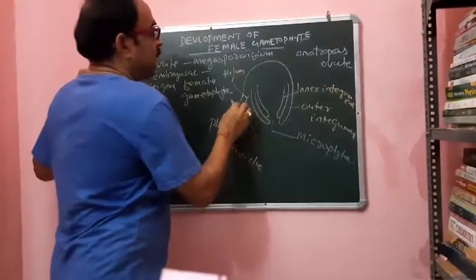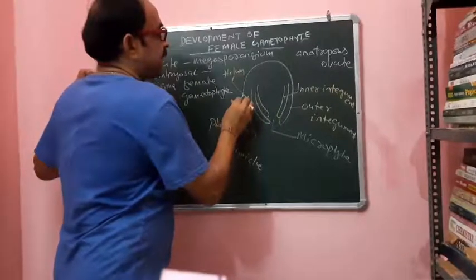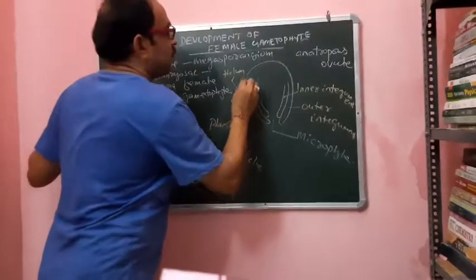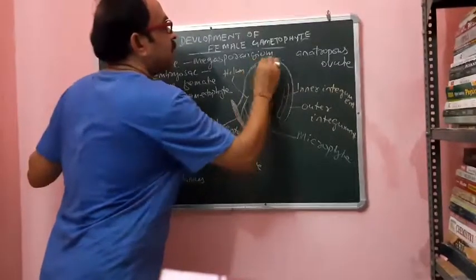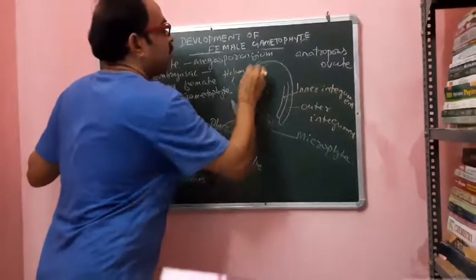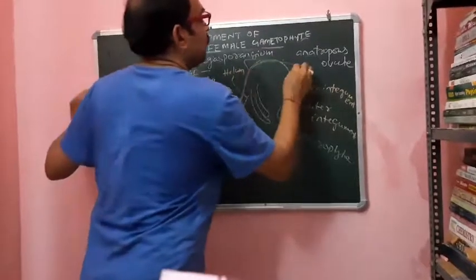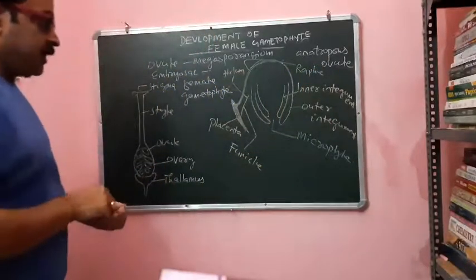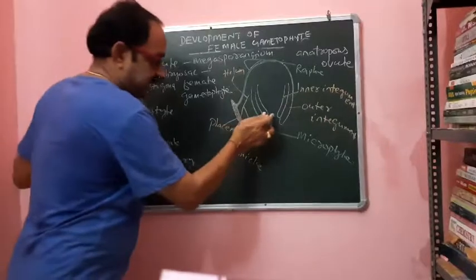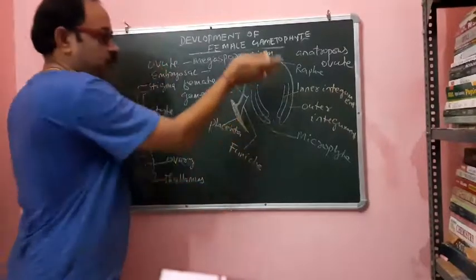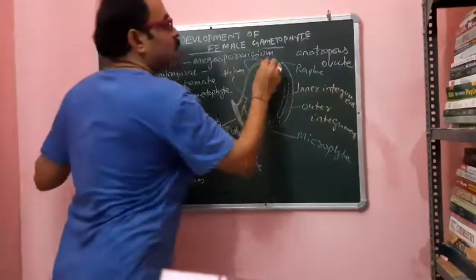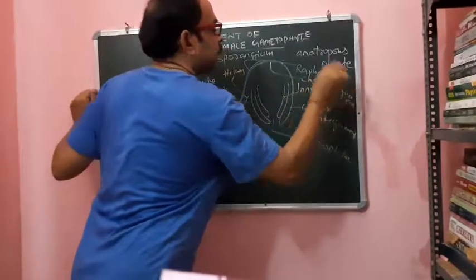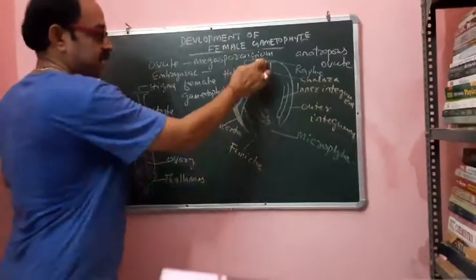The funicle extends to the body part, and this is called raphe. This is micropyle, and just opposite to it, that end is called chalaza.